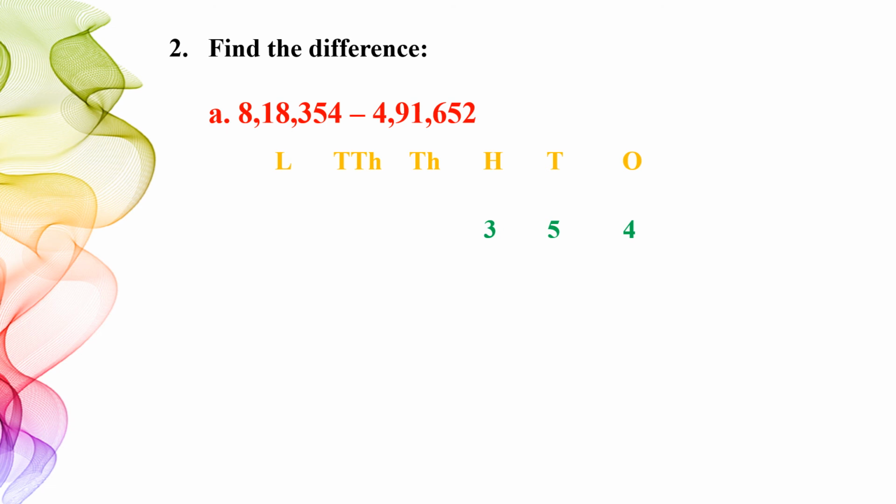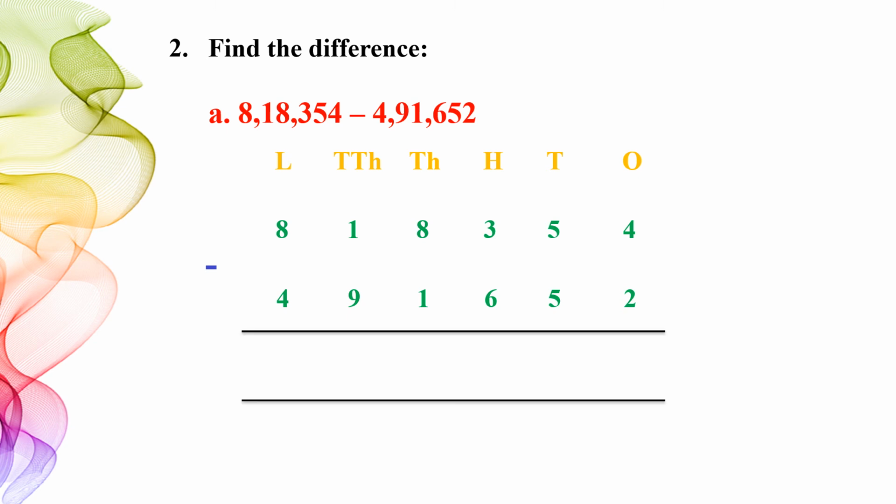Hundreds, we have 3. Thousands, we have 8. 10,000, we have 1. And lakh, we have 8. Similarly, write the second number, 4,91,652. So, ones period 2, tens period 5, hundreds period 6, thousands period 1, 10,000 period 9 and lakh period 4. We need to do the operation minus.